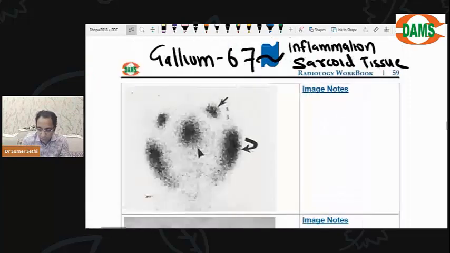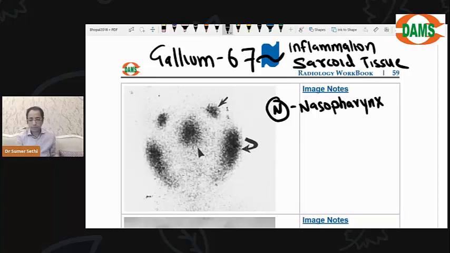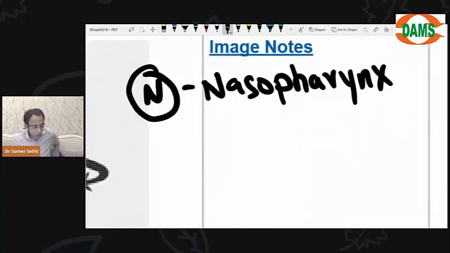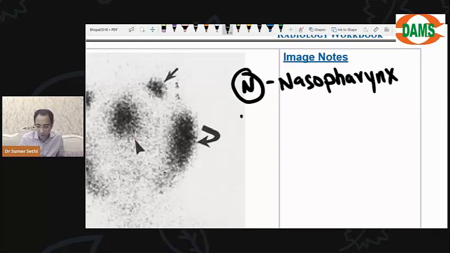This gallium in a normal person is taken up only by the nasopharynx, probably because of the lymphoid tissue that you have in Waldeyer's ring.